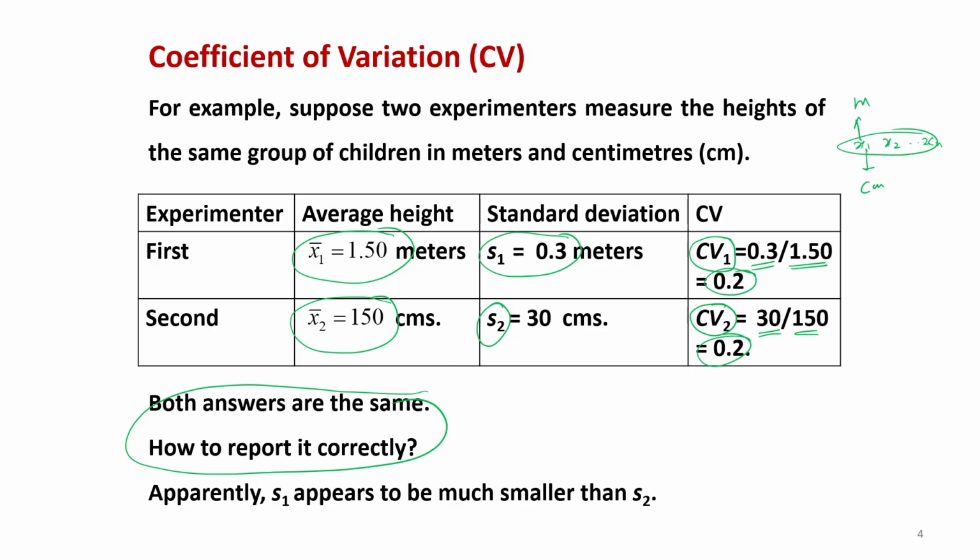So, S1 looks to be much lower than S2, and similar is the case with the arithmetic mean of the first experimenter, which is 1.5, whereas the arithmetic mean of the second experimenter is 150. So, it looks like the average height or the value in the case of the second experimenter is much higher.